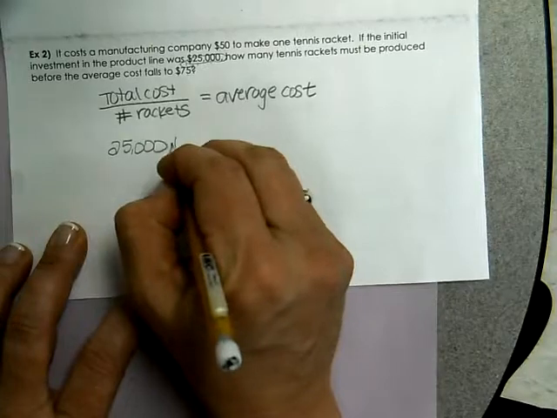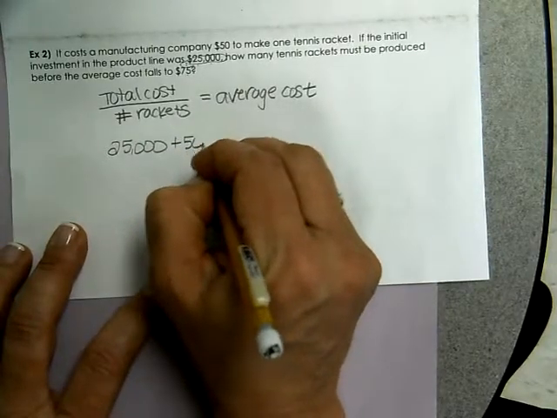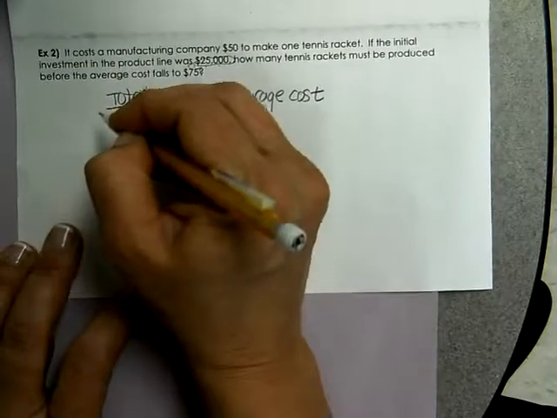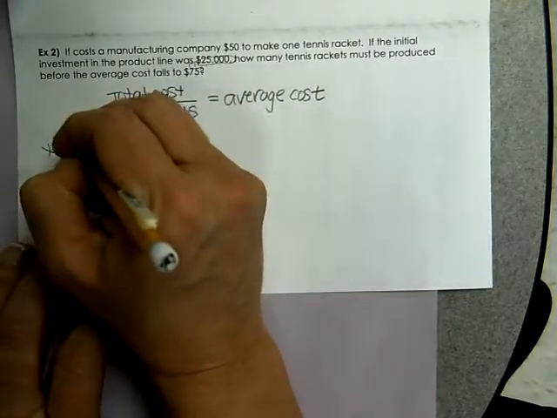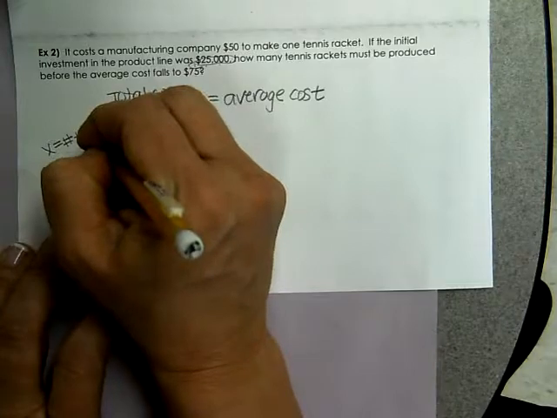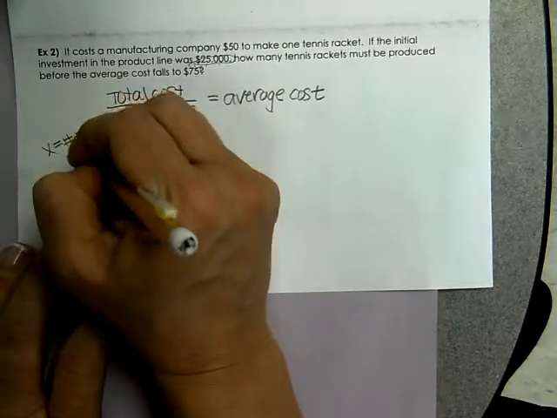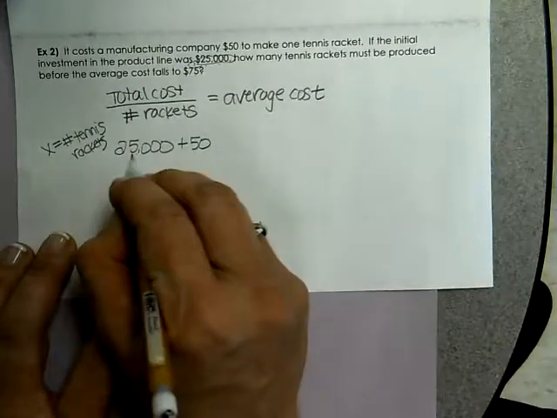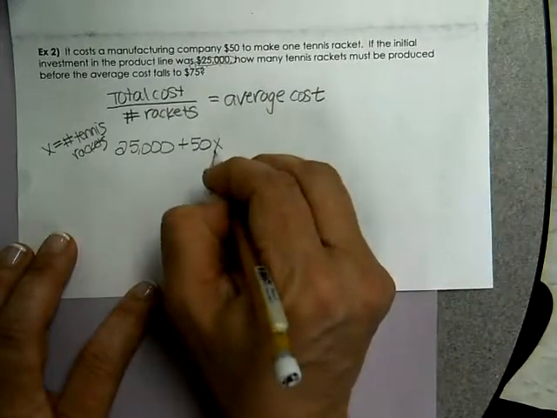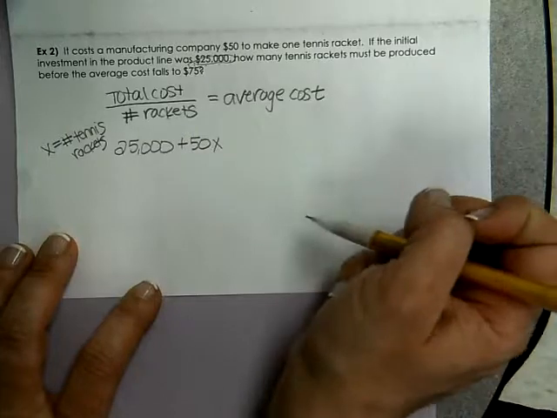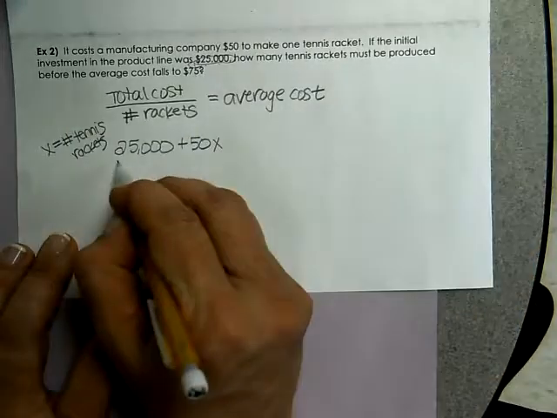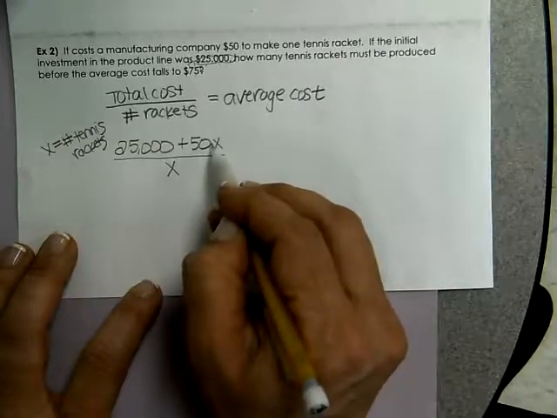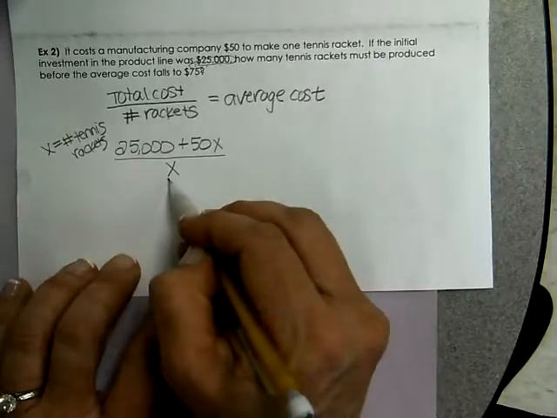Now, in addition to that, we pay $50 for every tennis racket. So let's have X represent the number of tennis rackets. And so now we can say 25,000 plus 50X is our total cost. Again, the number of rackets then would be X, because we're spending $50 for each of these rackets.